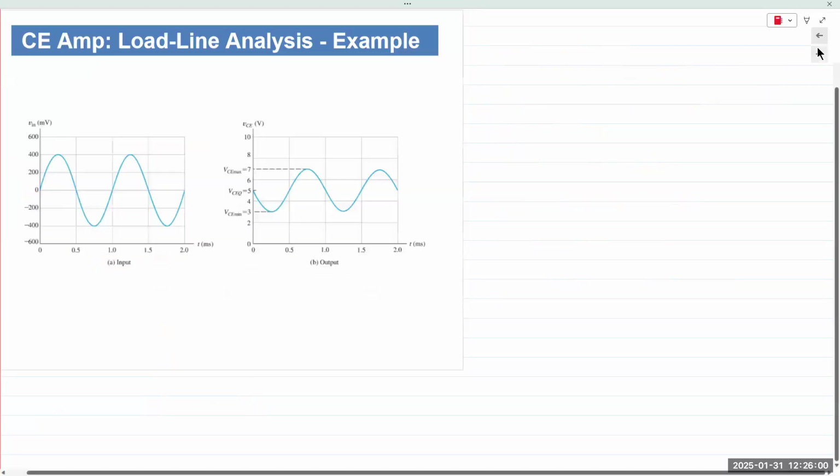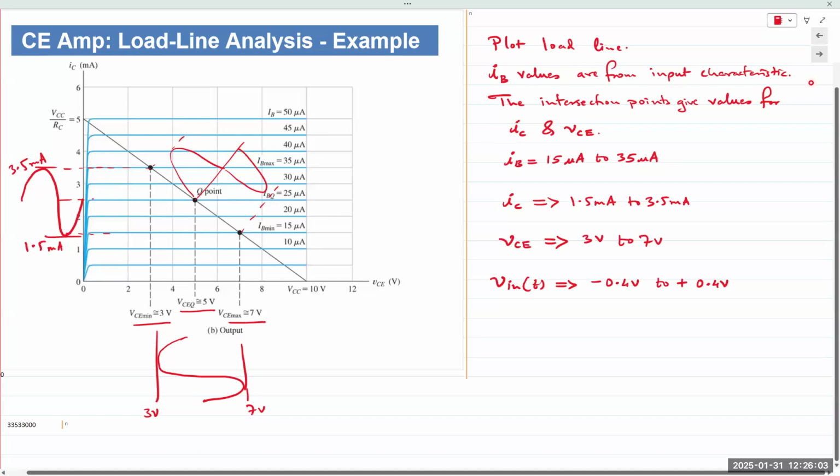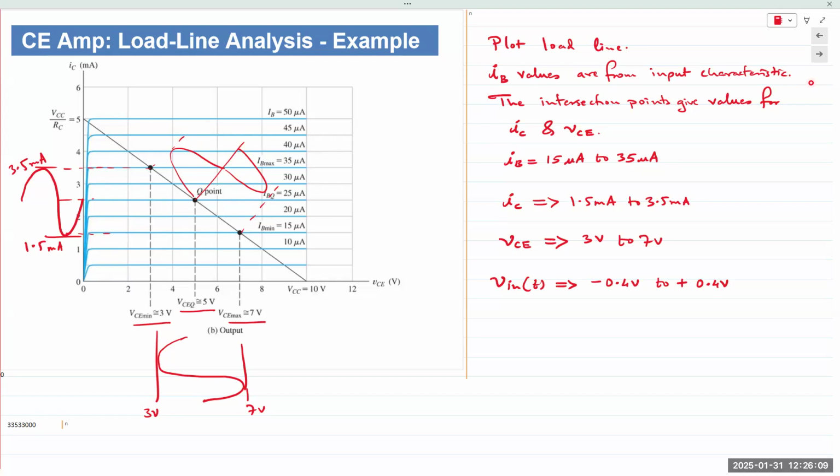We can write a KVL expression at the output: VCC minus ICRC plus VCE is equal to 0.